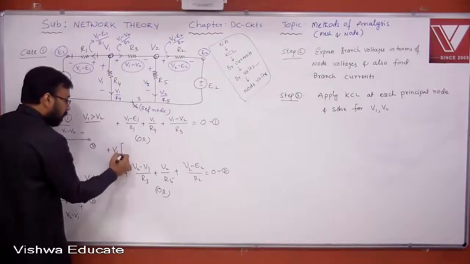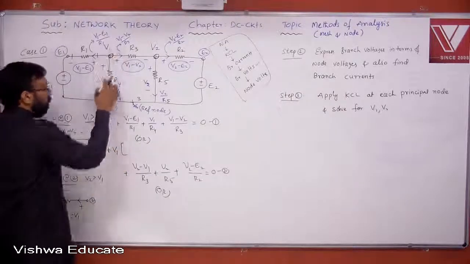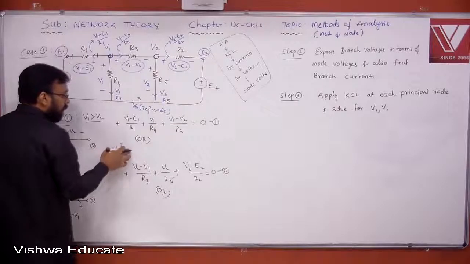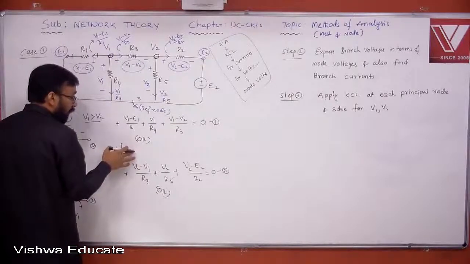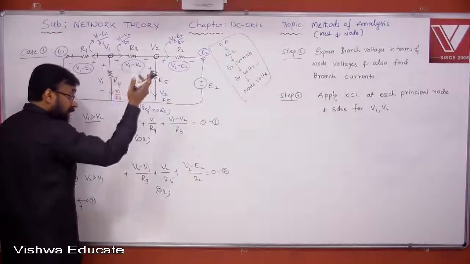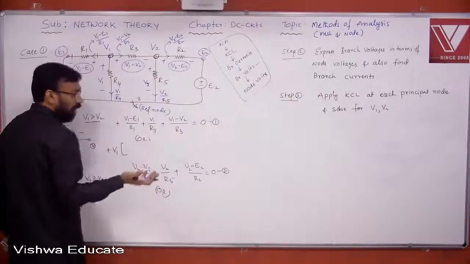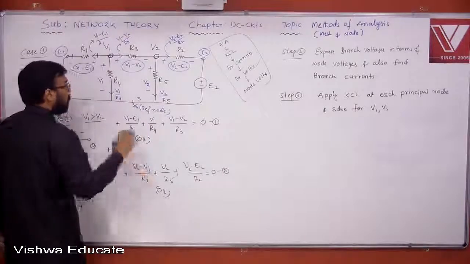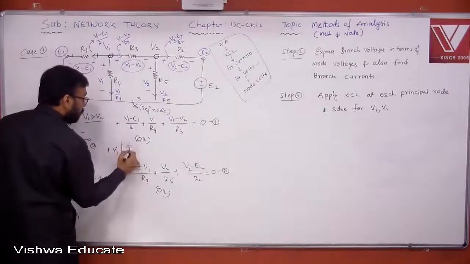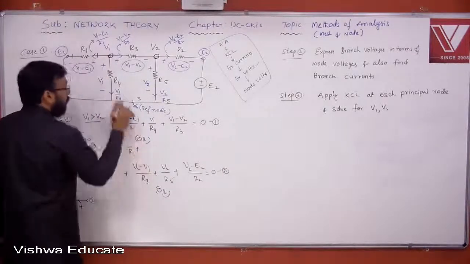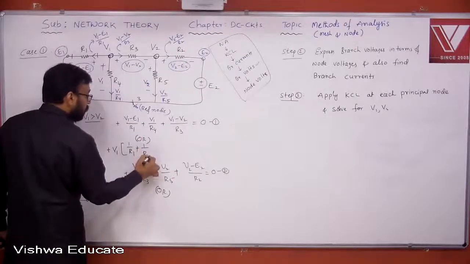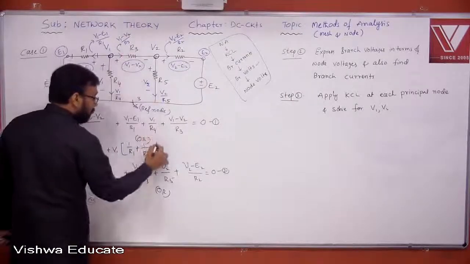V1 of, what is the node voltage? V1 of the sum of conductances at node 1, whereas there it was the sum of resistances. Here, the sum of conductances. What is conductance? Reciprocal of resistance: 1 by R1 plus 1 by R4 plus 1 by R3.